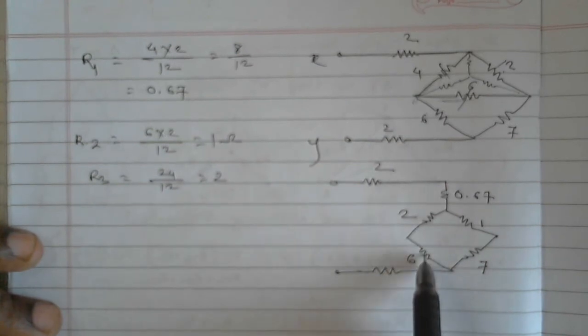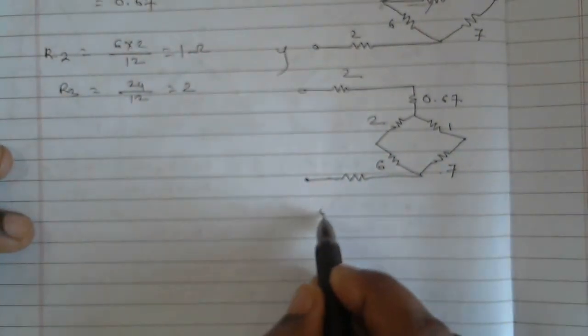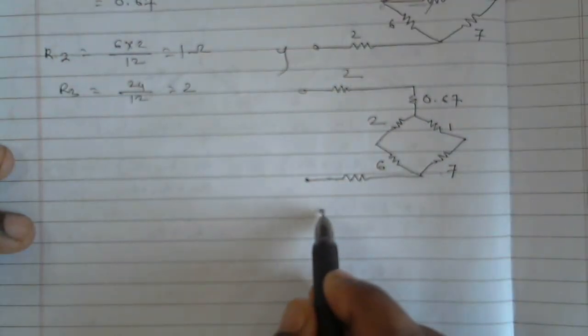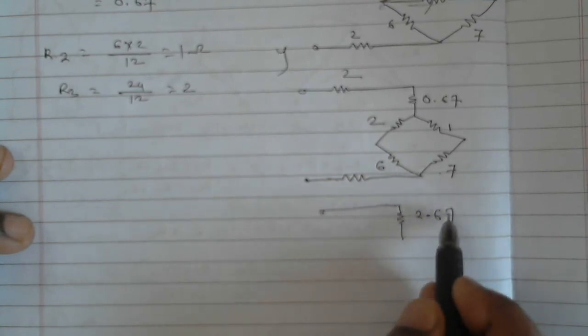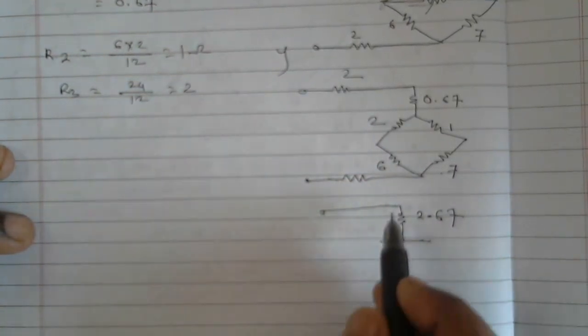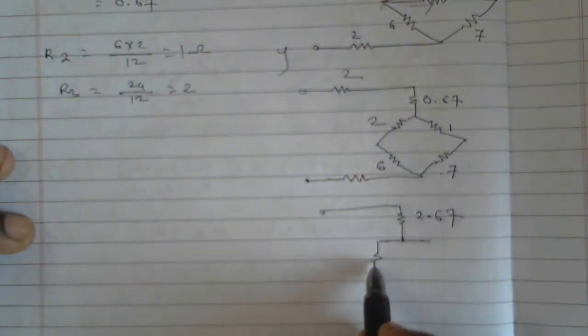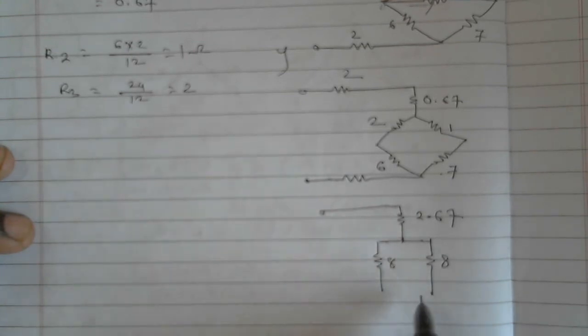Now this 2 and 6 are in series, and 1 and 7 are in series. And 2 and 0.67 are in series, so I can see 2.67 here. So I redraw the circuit like this: 2 plus 6 is 8, 1 plus 7 is 8, 8 and 8, and this is 2 ohm.